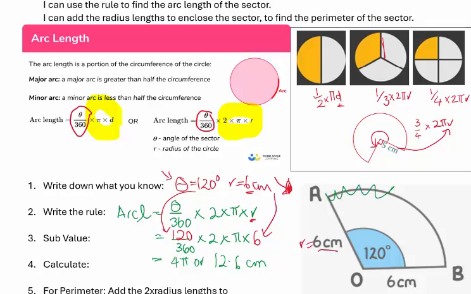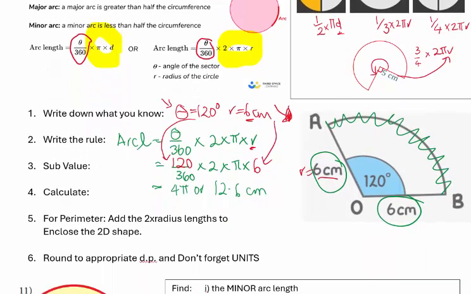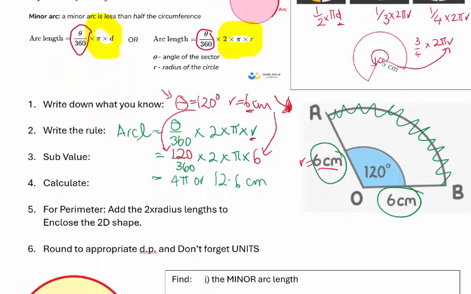Now, that is only that distance there. For me to find the perimeter, I have to add the 2 6s. Often forgotten.